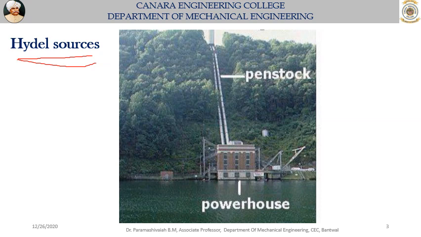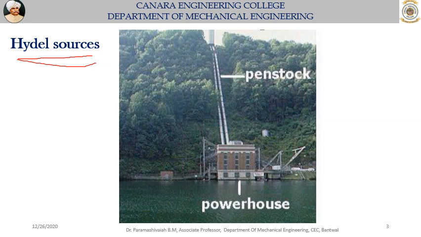After it rains, the water flows in the form of rivers, and across these rivers we construct a dam across the flow so that water can be stored, and that stored water forms a reservoir. The stored water at a certain height possesses some potential energy. That potential energy can be utilized to generate power.